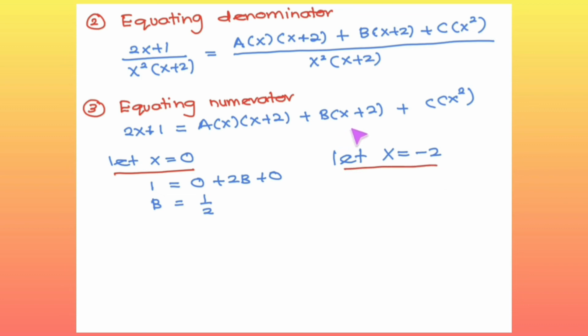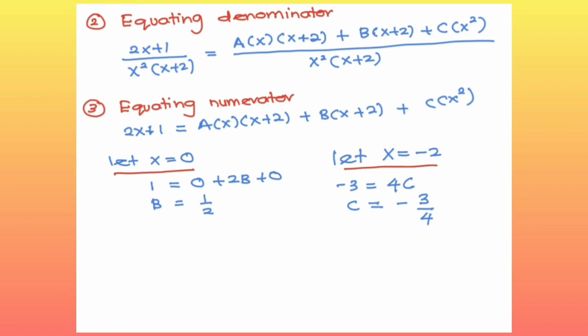Here if we substitute x equal to negative 2, we can make this term equal to 0 because negative 2 plus 2 is 0. Also here negative 2 plus 2 is 0, so 0 times the whole thing will be 0, then we can find c. So substitute, we will have negative 2 times negative 2 is negative 4, and then plus 1 we have negative 3 on the left hand side is equal to negative 2 square is 4, so 4c. So c is equal to negative 3 over 4.